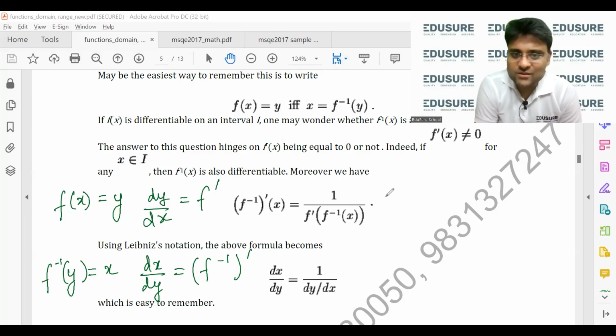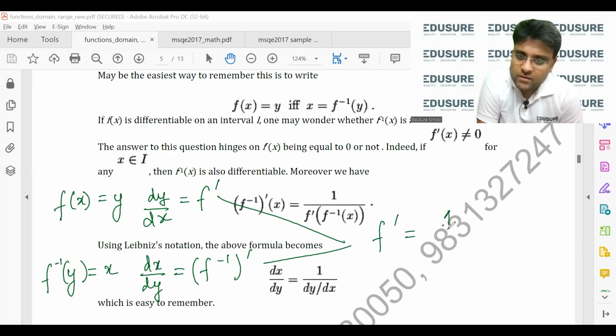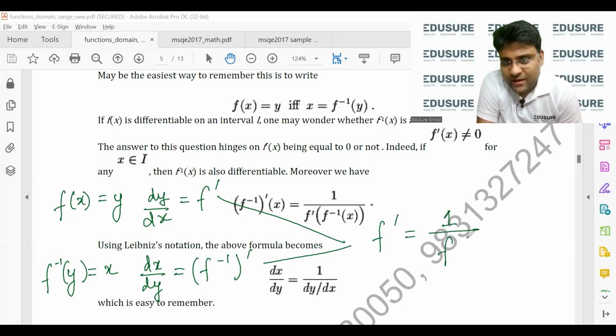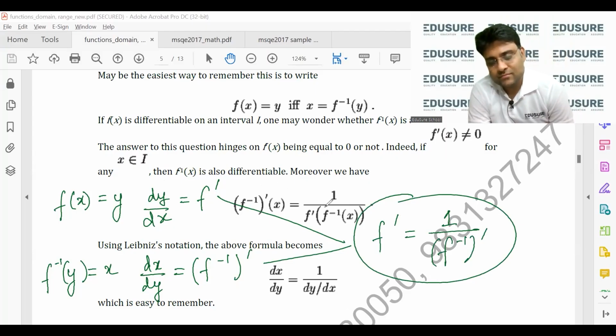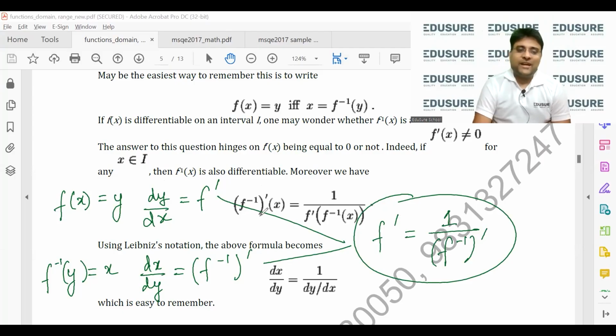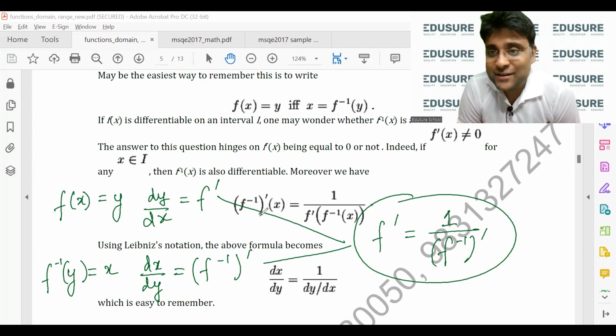It's nothing but the inverse, or in other words, this is saying that f dash is equal to 1 divided by f inverse dash. f inverse dash is equal to 1 by f dash. So the derivative of the inverse is equal to the inverse of the derivative.